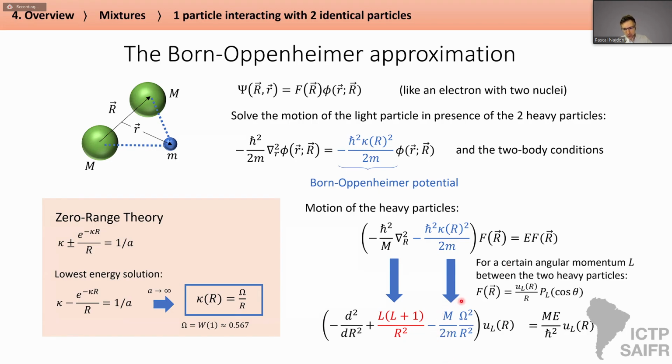And that also supports the interpretation that I presented before in the case of three identical bosons, that we can regard the Efimov attraction as a mediated interaction. So this is exactly what happens here in this limit of heavy and light particles. The mediation is achieved by this light particle, and it can be seen in the corresponding Born-Oppenheimer potential.